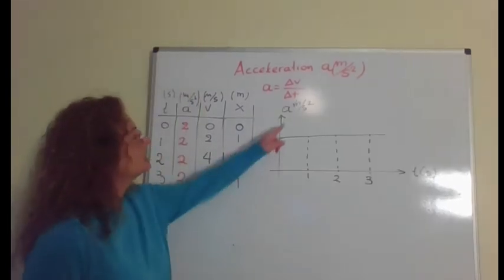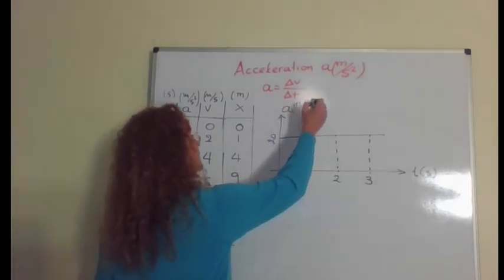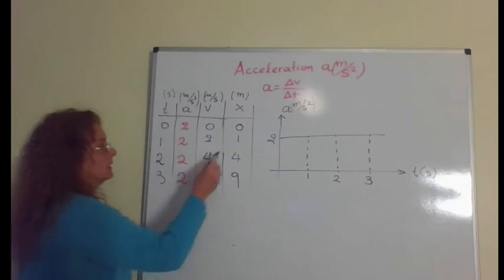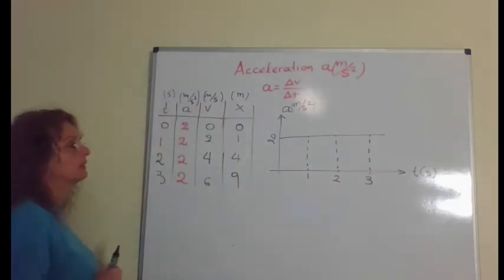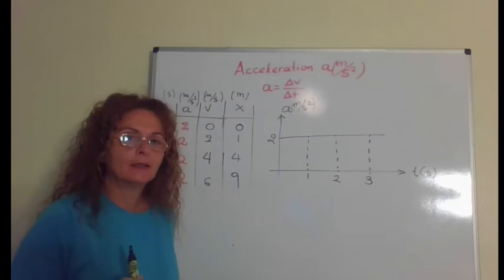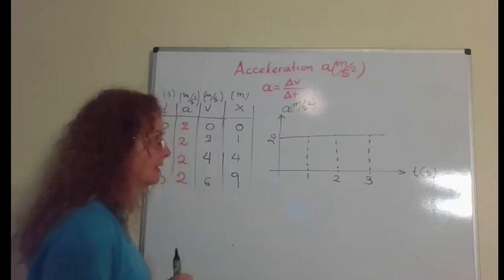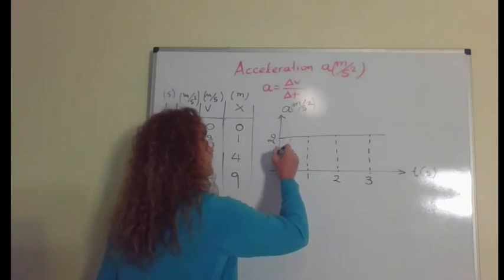Now this is an acceleration time graph. In our case, acceleration is constant. It's 2 meters per second squared the whole time. In this case, the slope doesn't have a meaning, but the area does. What is the area under the graph?